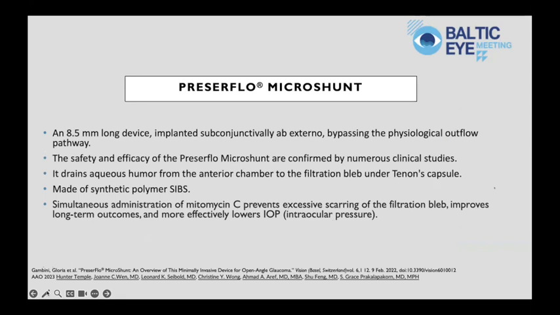It bypasses the physiological outflow, and its safety and efficacy are confirmed in numerous clinical studies. It drains the aqueous humor from the anterior chamber to the filtration bleb under the Tenon's capsule. It's important to use mitomycin C, which prevents excessive scarring of the filtration bleb. It improves the long-term outcomes and is more effective in lowering the IOP.